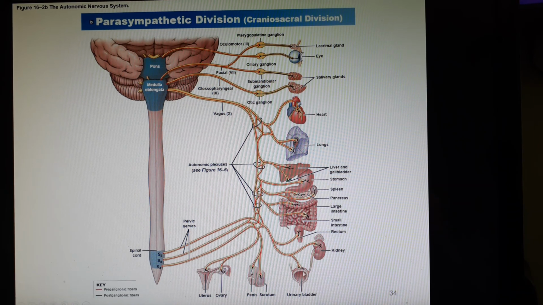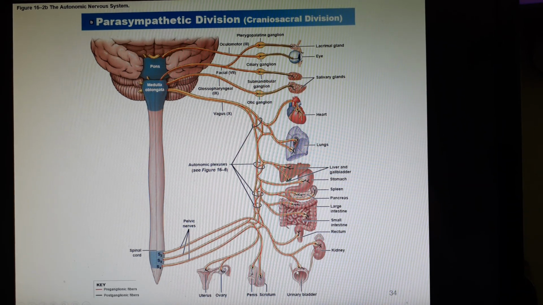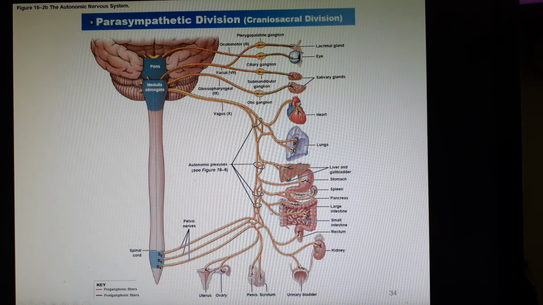You can even control the smooth muscles of the urinary bladder. And believe it or not, people who are quadriplegics can still have children. If a woman can get pregnant, she can still deliver her baby. Isn't that crazy? All because of this special vagus nerve right here.